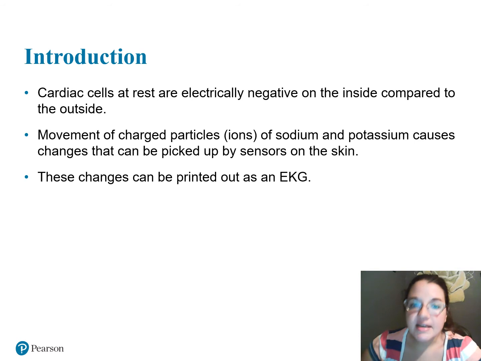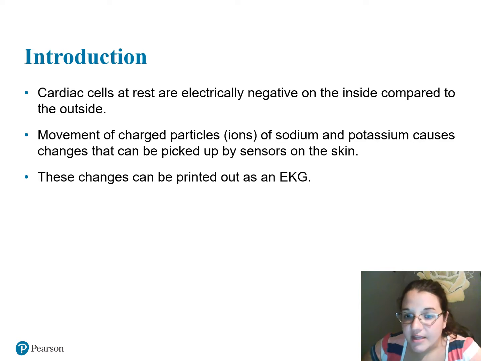So, cardiac cells, we just got finished talking about this in chapter 1, that are at rest are electrically negative on the inside compared to the outside of the cell. So if I have a cardiac cell and it is at rest, it has a negative charge.